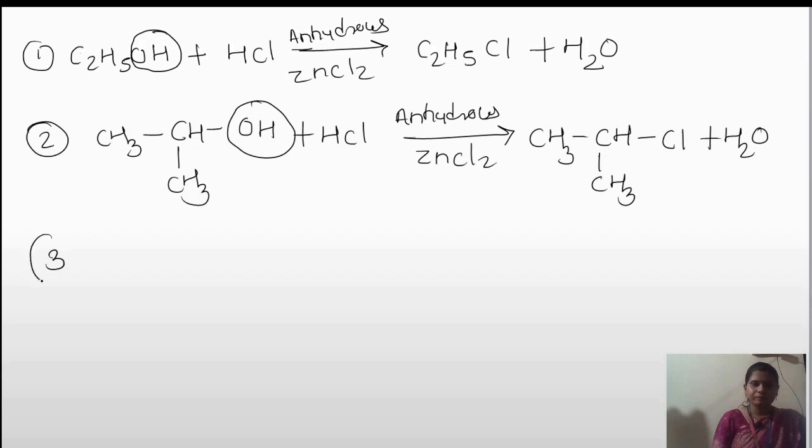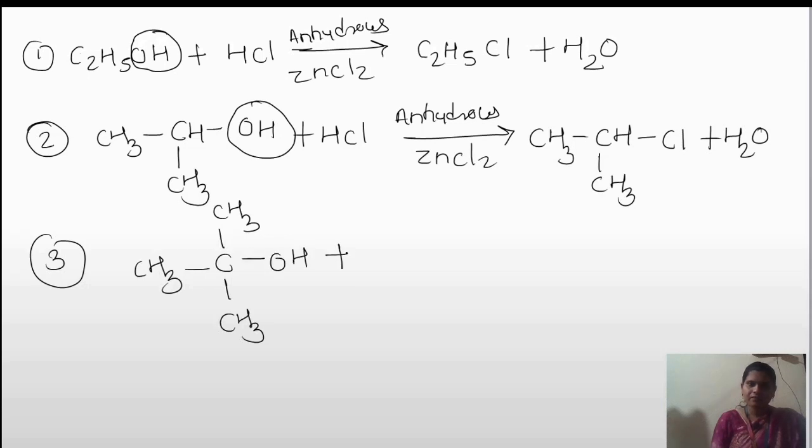When we use the tertiary alcohol here, (CH3)3C-OH reacts with HCl. Now here there is no need of a use of anhydrous ZnCl2, because as you know tertiary alcohol is the most reactive. So there is no need of ZnCl2 to break this bond.